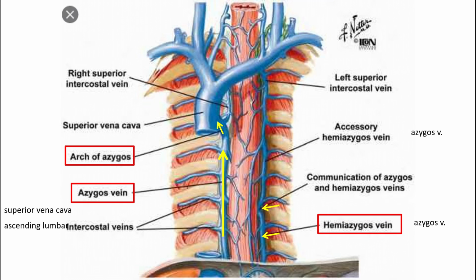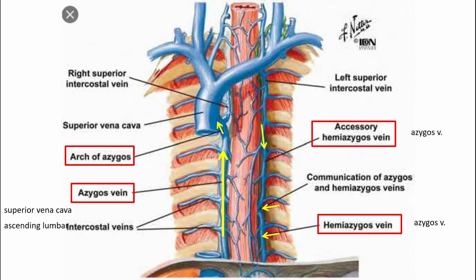we have what is called the hemiazygos vein. It has the same origin as the azygos vein, but it is shorter in the thorax, and it has almost similar tributaries or branches like the azygos vein, but it is shorter than the azygos vein.